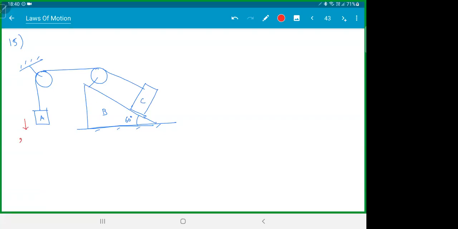Let's say A is going down with 2 meters per second. B is coming with 1 meter per second. Find velocity of C. This is a good one.